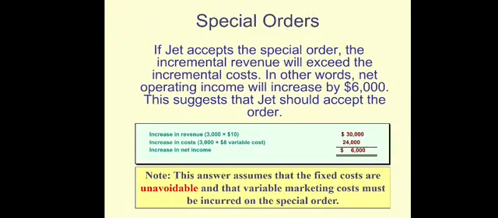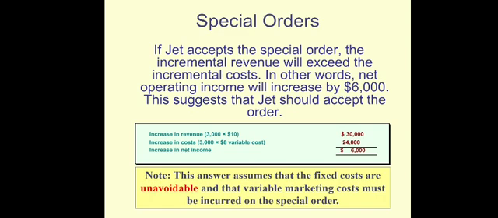For this business, in this sample question, the capacity is 10,000 units. It means that Jet Incorporated can produce 10,000 units of product. Now Jet Incorporated is only producing 5,000 units. So the company has idle capacity of 5,000. The special order is only 3,000.